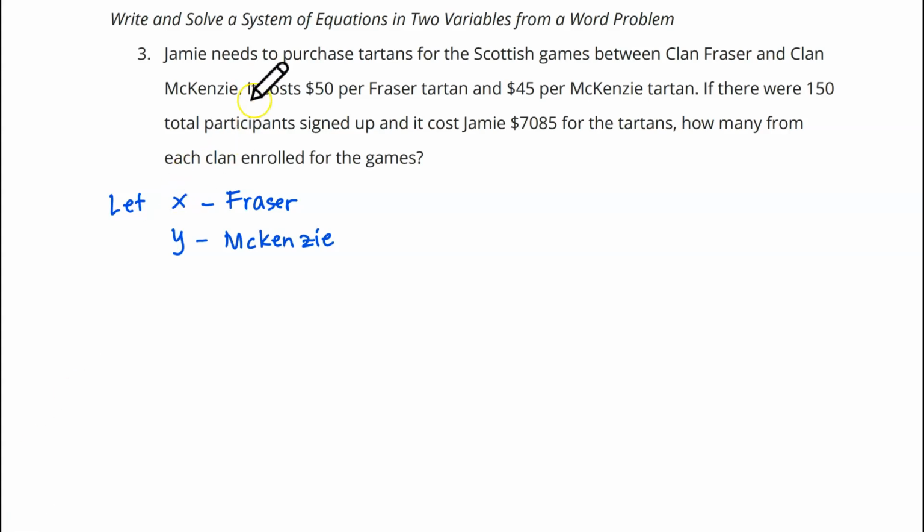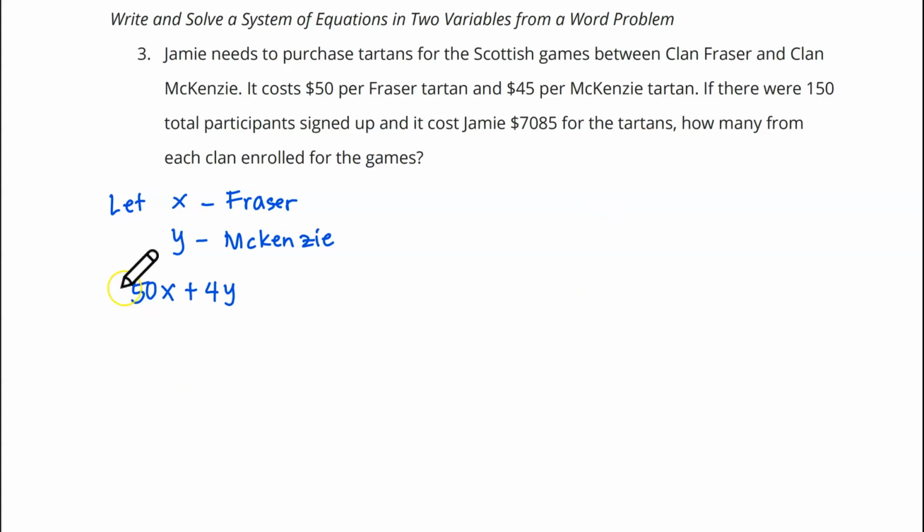Now, given here that it cost $50 per Fraser tartan and $45 per Mackenzie tartan, and it cost Jamie $7,085 for the tartans. That means that 50 times x plus 45 times y, because x is the number of Fraser.